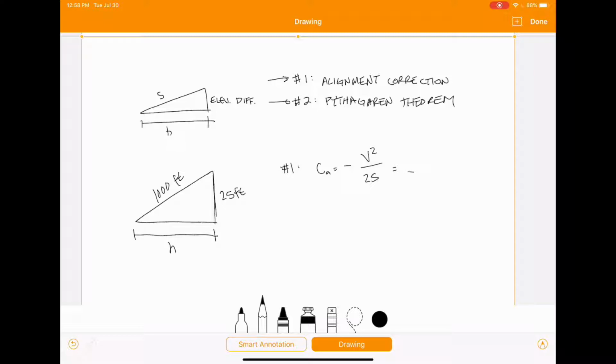So for us, v is going to be that change in elevation, so negative 25 squared all over 2 times 1,000. So we're going to end up with a negative 0.3125 feet.